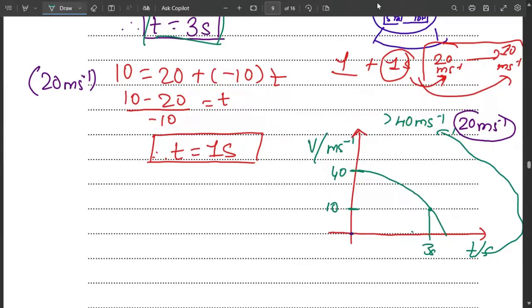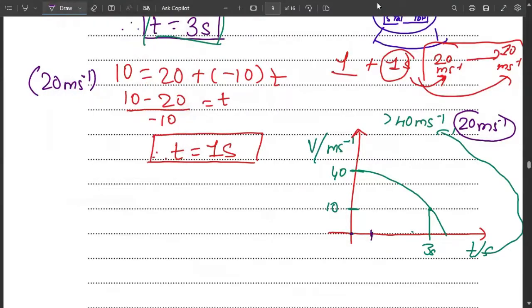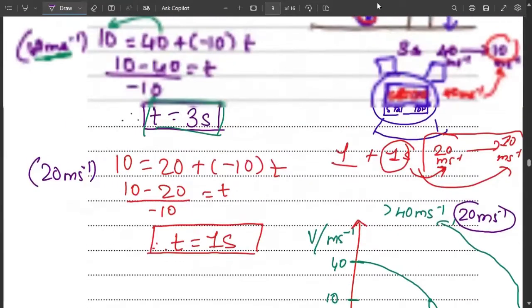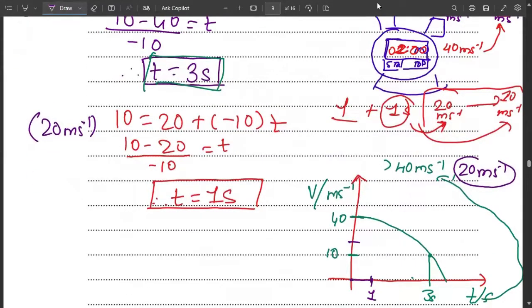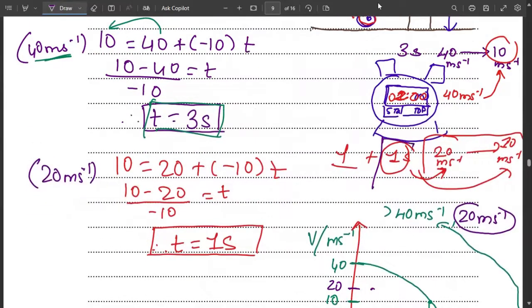But what about the 20 meter per second particle? For the first 1 second, it is not being thrown at all. It is just there. And as 1 second passes, it moves at 20 meter per second. So the graph for this will start here. Earlier we thought that in 1 second it would go from 20 to 10 meters per second.